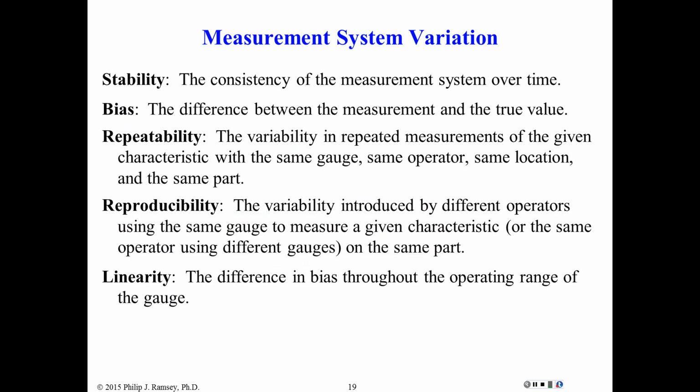Okay. So basically, stability, bias or accuracy, repeatability, reproducibility, and linearity. Stability, basically consistency over time, is really difficult to establish in a measurement system study. Typically, stability requires you to measure known standards with your gauge or your instrument or measurement system over time.